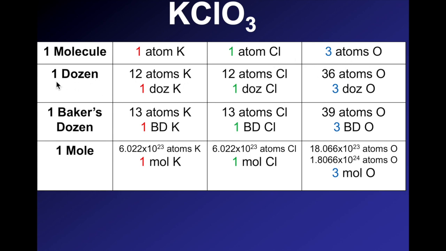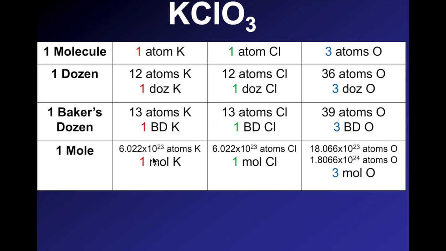If I have a dozen, I'm going to have 12 atoms of potassium, 12 atoms of chlorine, and 36 atoms of oxygen, which, if I convert it to dozen, is 1 dozen potassium, 1 dozen chlorine, 3 dozen oxygen. If I have a baker's dozen, I have 13 atoms of potassium, 13 atoms of chlorine, and 39 atoms of oxygen. And that's 1 baker's dozen of potassium, 1 baker's dozen of chlorine, and 3 baker's dozens of oxygen.